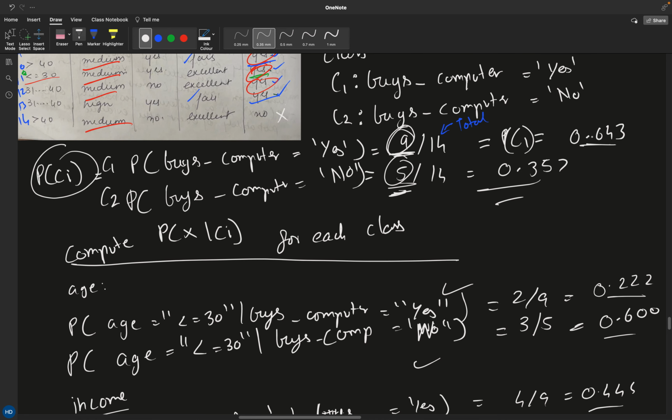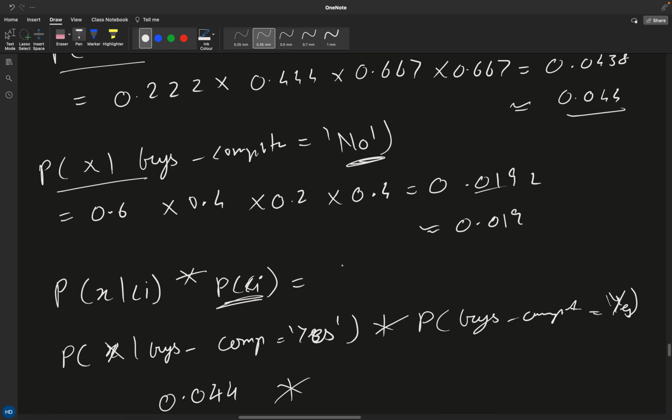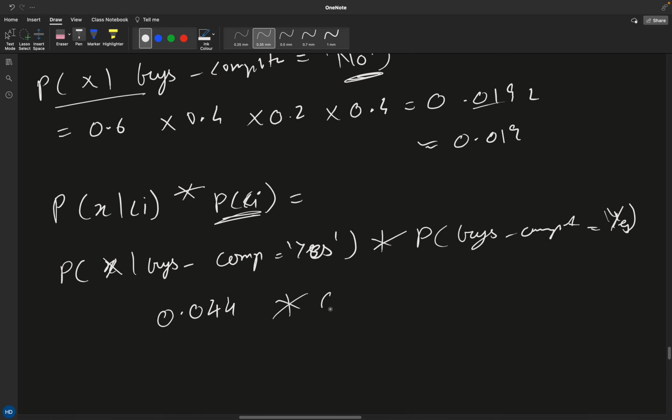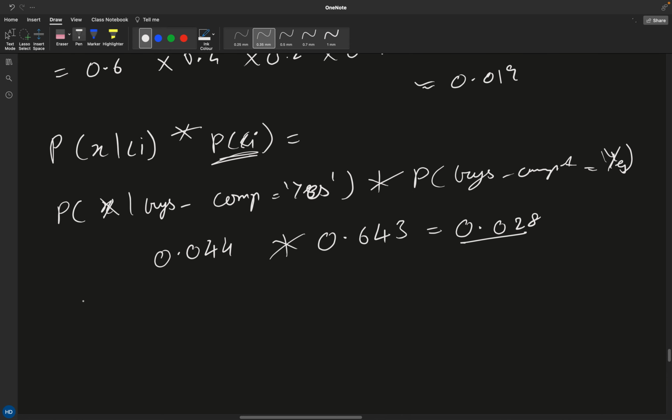P(Ci) में 0.643. 0.643, which gives you 0.028.